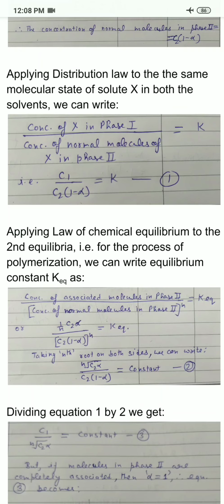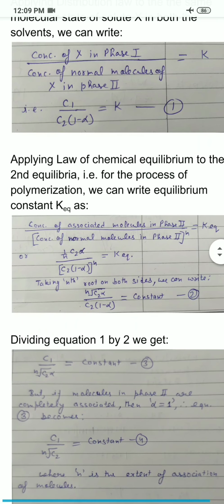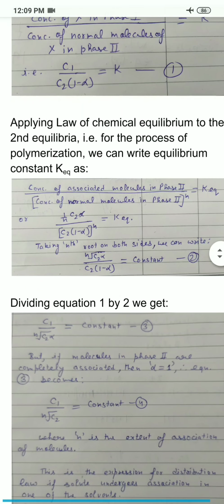This is equation 2. Now dividing equation 1 by 2, because C2 into 1 minus alpha in both the equations will cancel out, I can write C1 upon the nth root of C2 alpha is equal to a constant.